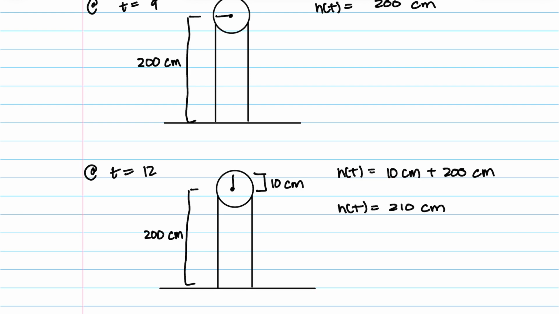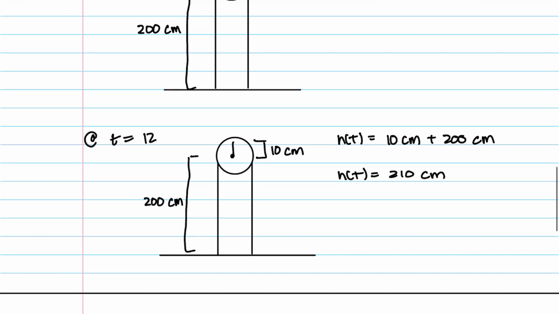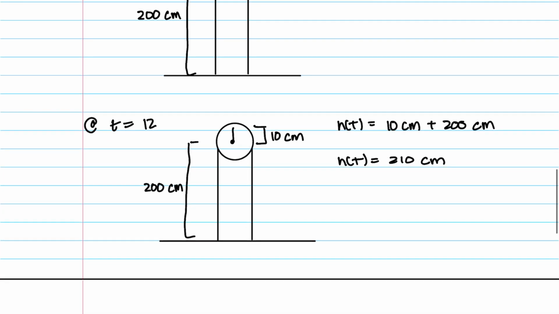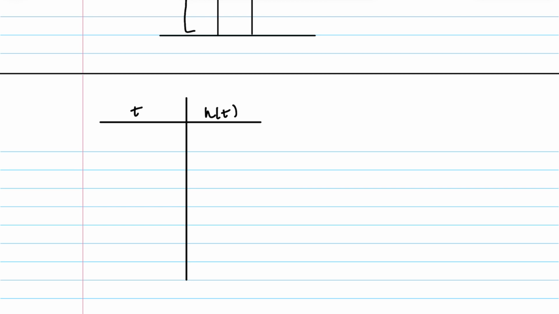Now, with these values, we can come up with a table that shows the relationship between t and h of t, which is the distance between the tip of the hour hand to the floor. At time is equal to 0, we are a distance of 210 centimeters from the floor. At time is equal to 3, we are 200 centimeters. At time is equal to 6, we are 190 centimeters.